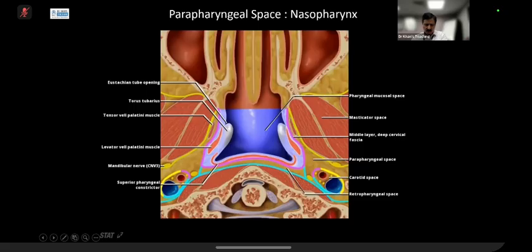If you see here, this is the nasopharynx, and anteriorly this will be the nasal cavity. So this is the torus tubarius, which is the cartilaginous portion of the eustachian tube, which opens here. This fossa is known as the fossa of Rosenmuller, and you can see the pharyngeal mucosal space sitting here.